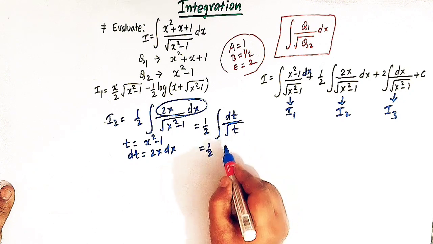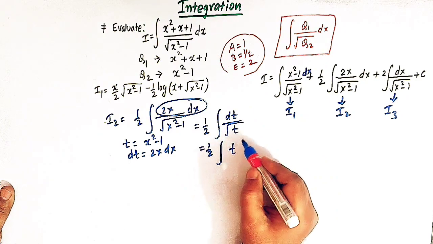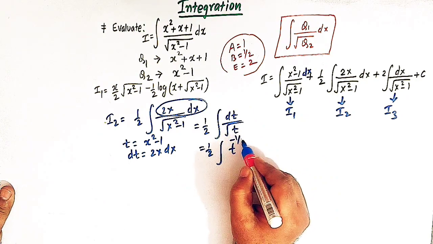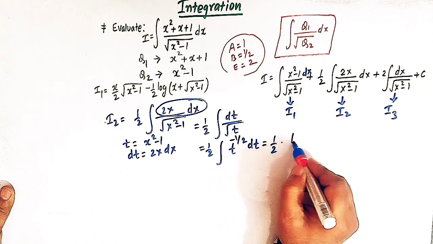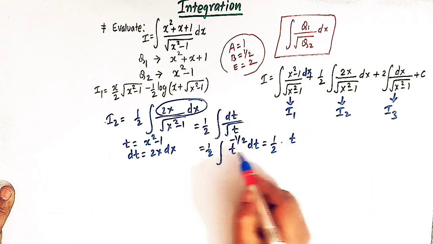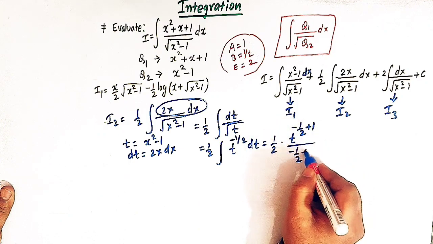So this is half, and we can take square root of t to the numerator. So we have t raised to minus half dt. So this is half, and we can write the integral as t to the power minus half plus 1 over minus half plus 1.